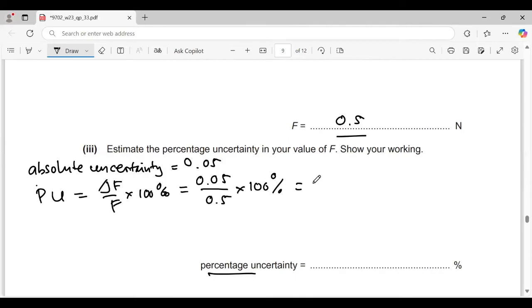If you calculate, the result is 10%. Right, let's continue.